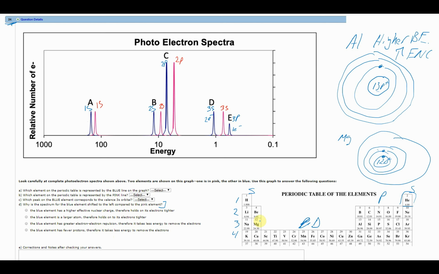You know that magnesium, if I were going to draw it as an atom, is quite a bit bigger than aluminum. Aluminum is a smaller atom. It really surprises people. Most people know that as you go down the periodic table, elements get bigger because they have more and more rings of electrons. But as you go to the right in every single period, the elements get smaller. And the reason is because they have the same number of energy levels, 1, 2, 3, 1, 2, 3, but as you go to the right, they get more and more protons.